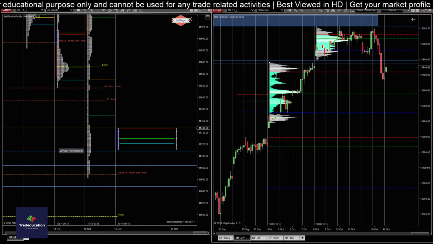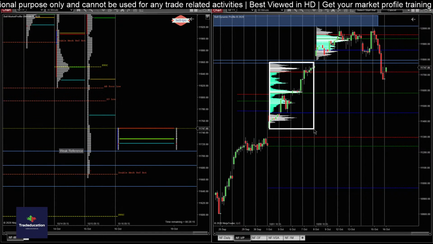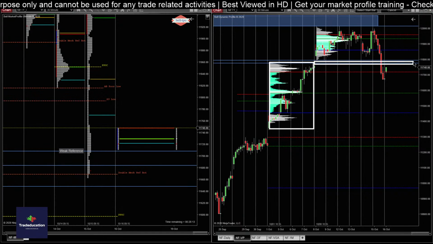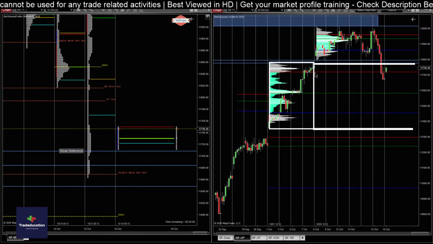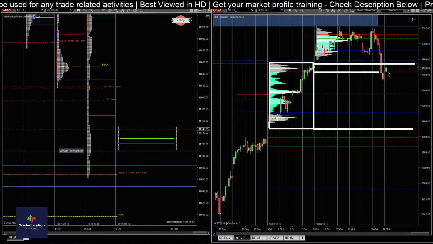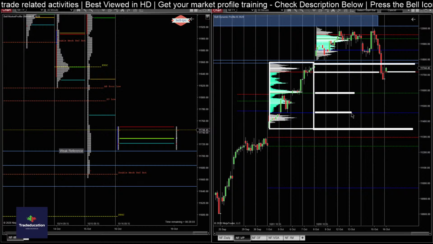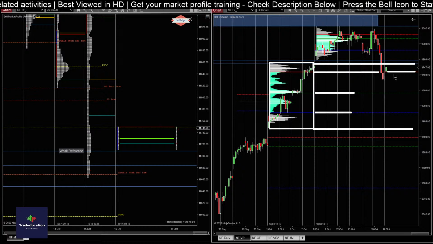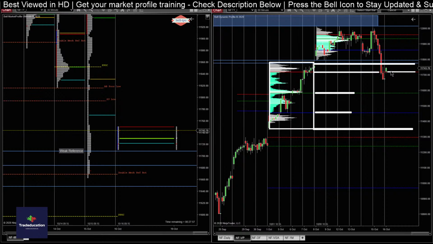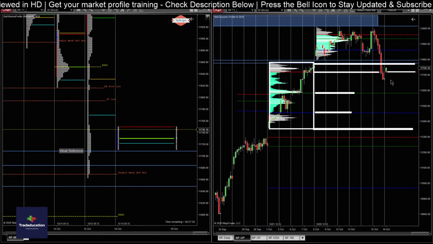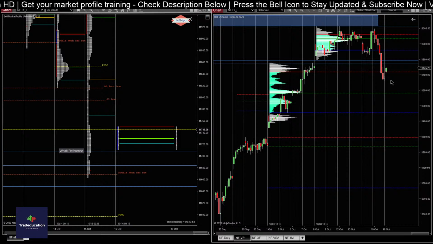This is another balance, and this is the balance high and this is the balance low. This is the value area high wherein it is getting some support. This is the VPOC and this is the value area low. We need to observe whether the value area high continues to act as a level of support or not.